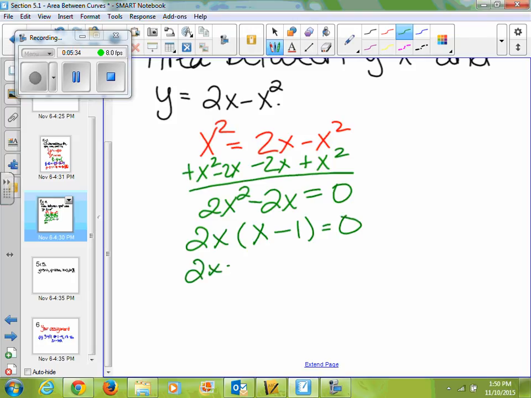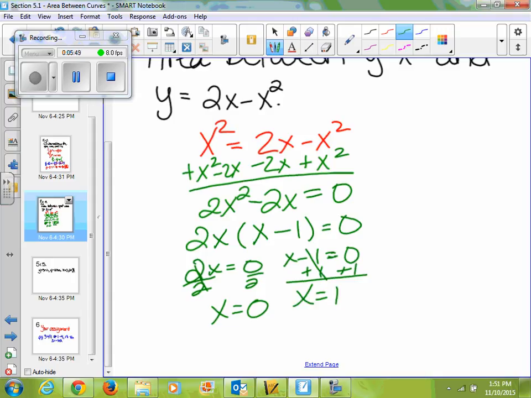So that tells me that 2x equals 0 and x minus 1 equals 0. And then if I solve that for x, I get x equals 0 and x equals 1. So now I know my upper and lower limits.